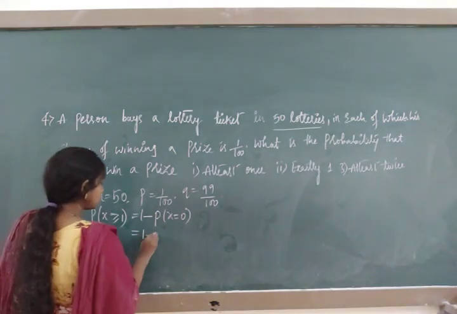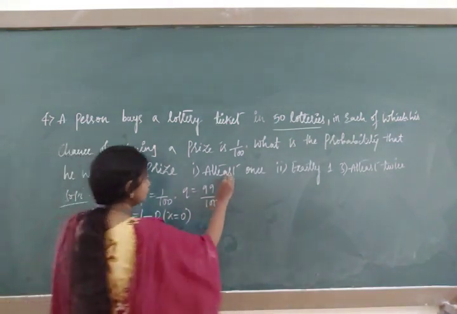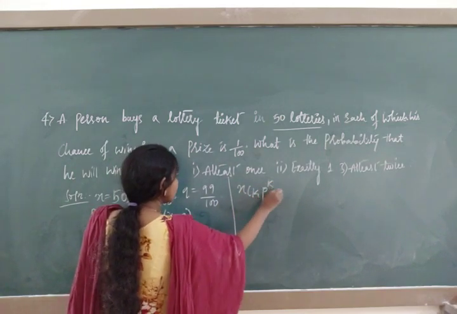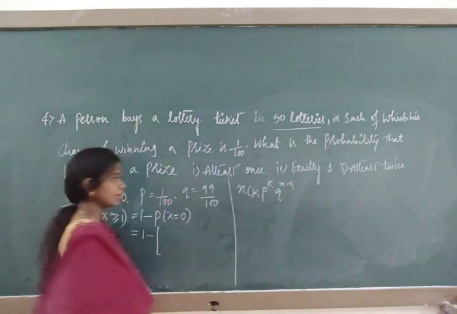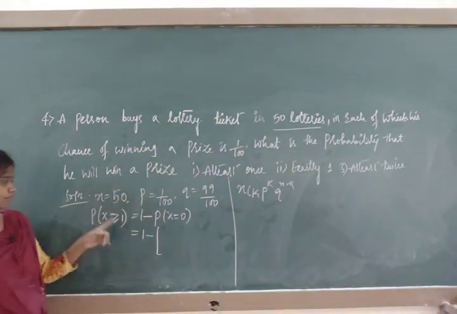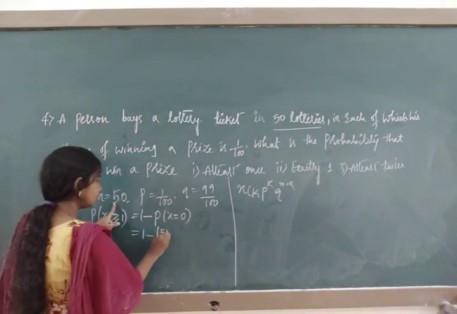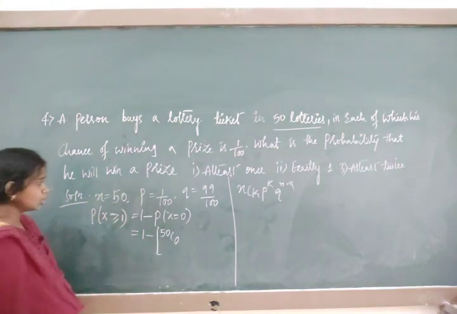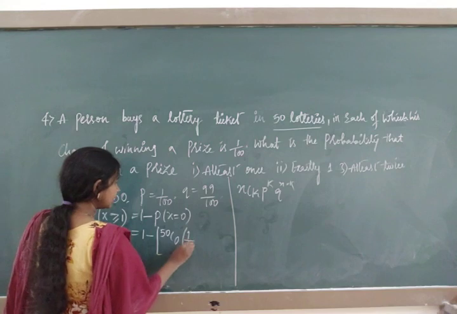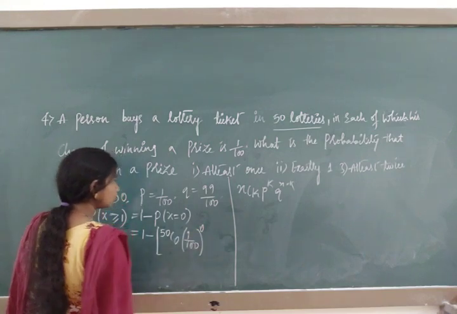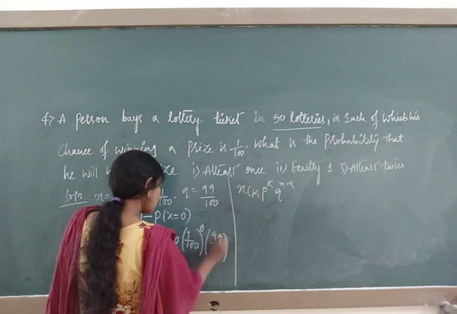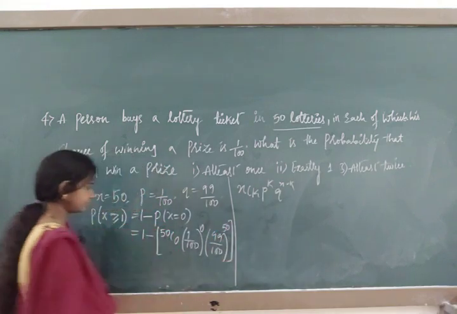So keep 1 minus, and substitute in the formula again. You know the formula: nCk, p to the power of k, q to the power of n minus k. This is our formula. What is the n value? 50. So 50C0, because the k value is 0. The p value is 1 by 100 whole to the power of 0, and the q value is 99 by 100 whole to the power of 50.